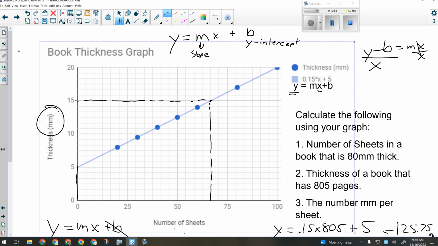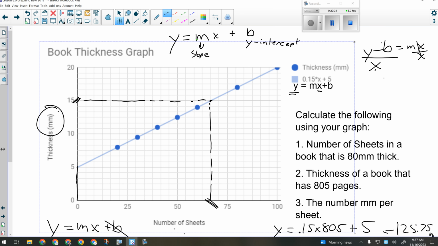So y minus b is millimeters minus millimeters, so I still have millimeters, divided by sheets. Millimeters per sheet gives me the thickness of the sheet. That is the number that every y and x value have in common. Every value of y and x on the line have that number in common. Does that make some sense?